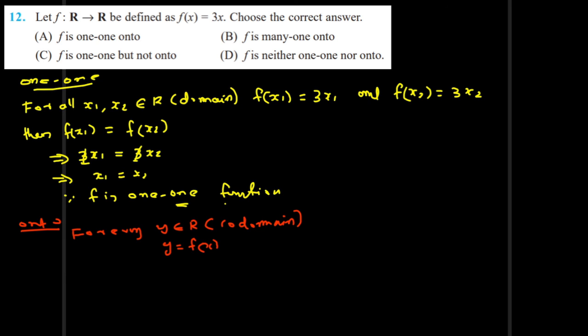Then f of x equals 3x, that is y equals 3x. Then write this in terms of x: cross multiply, y by 3 equals x, that is x equals y by 3.